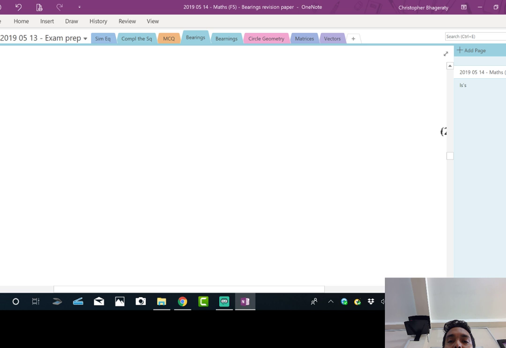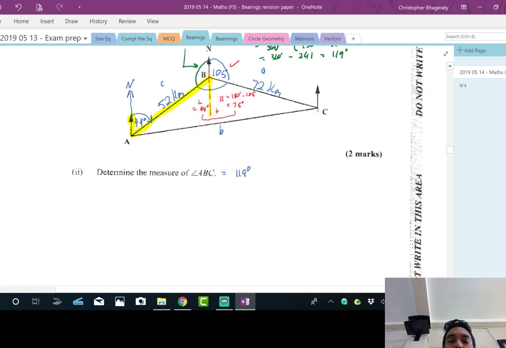So let's take a look at the question. That distance AC is represented by this blue line.